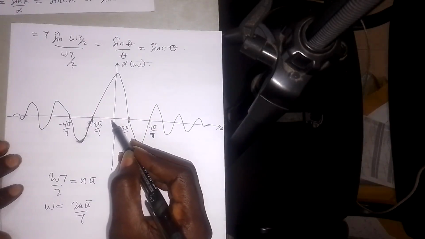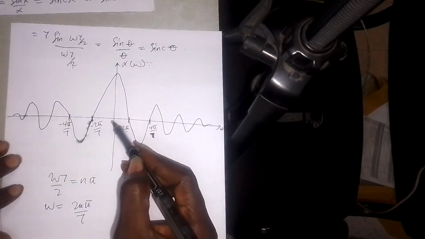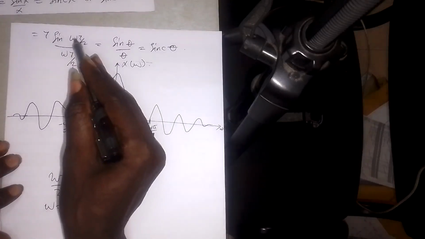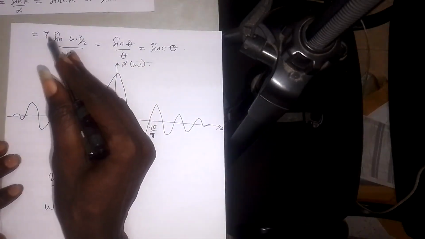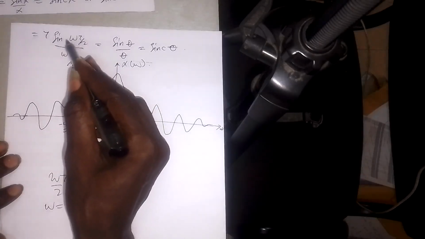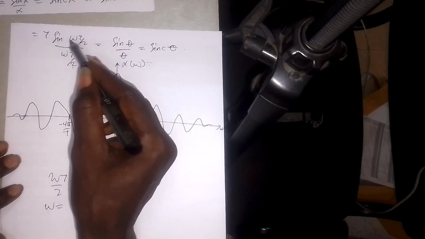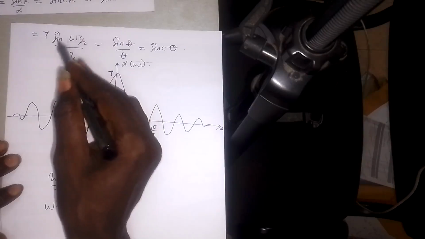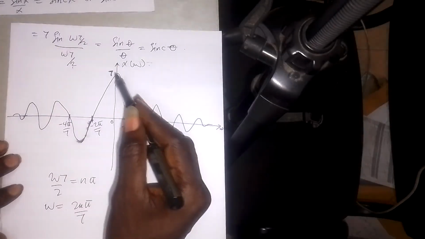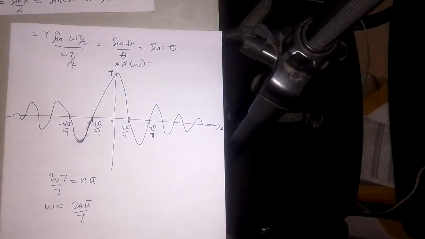So if sinc 0 is 1, and I put 0 over here, then basically I'm going to get tau, because 1 times tau becomes tau. So here becomes tau.